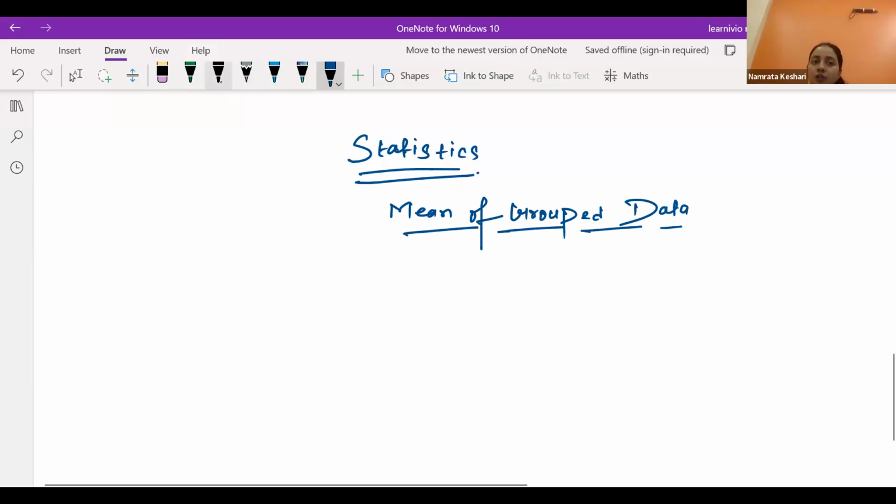When the data is not grouped, then you have already learned how to find the mean. Okay. Let me take one example. Suppose marks of 13 students are given like this.